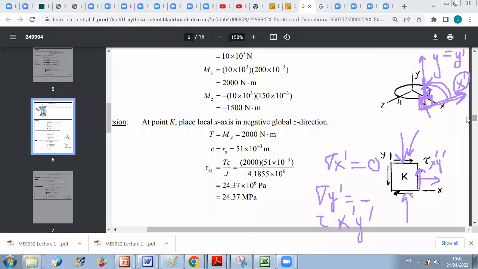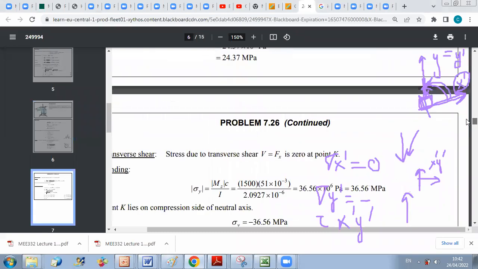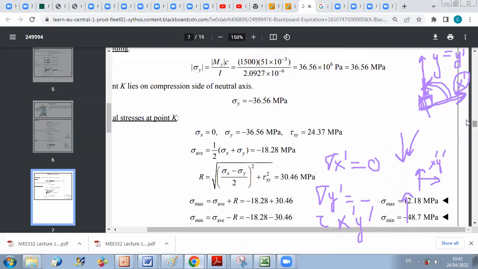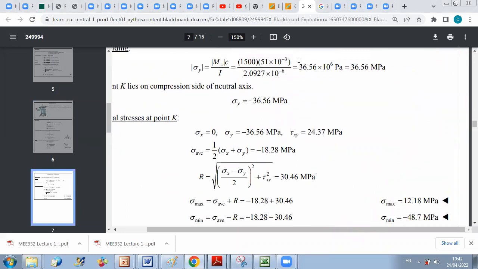Then all you have to do is to apply the formulas now, because you have determined completely the state of stress at K. You have the value of sigma x, sigma y, and tau xy. Then you can compute sigma average, the radius, sigma maximum and sigma minimum. And then you can answer the question.